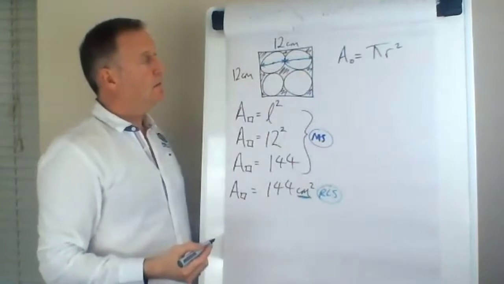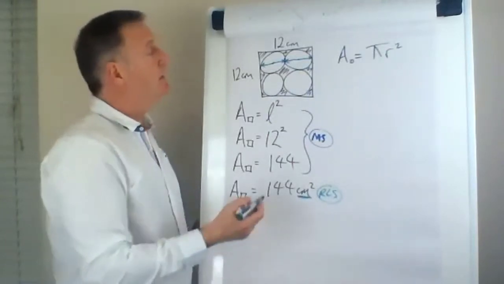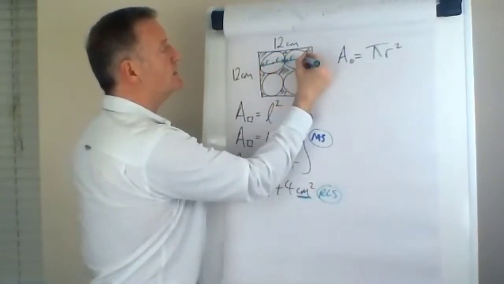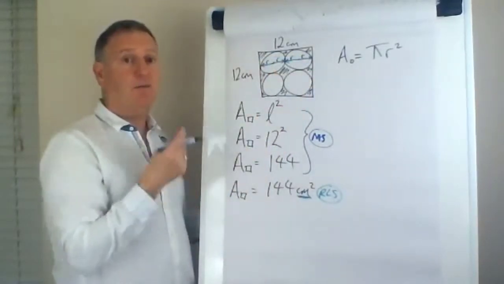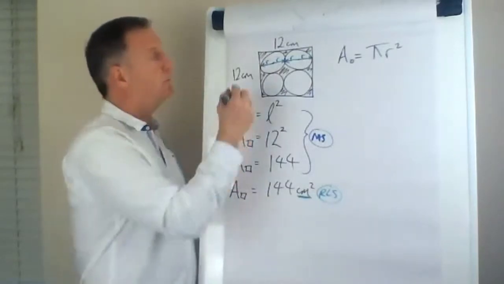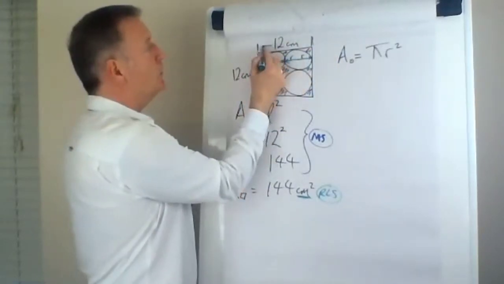Yes, the same, and they're all the same because each one's a radius, isn't it? If that's the radius, that's the radius, that's the radius, they're all the same length, aren't they? And what's the total of those? 12. Yes, 12 centimetres.